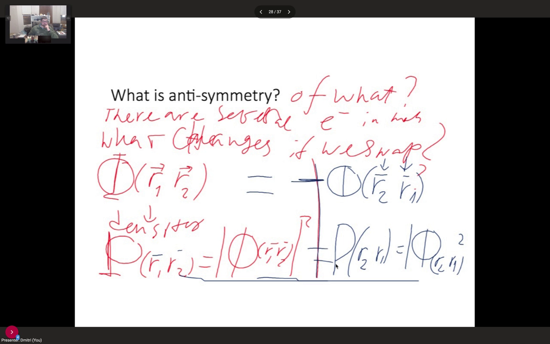And due to the Pauli exclusion principle, due to the nature of electrons, there is an expectation that if one swaps the order of two electrons, then the sign of the wave function changes. The sign changes from plus to minus. You see here phi of R1 R2 equals minus phi of R2 R1, right?